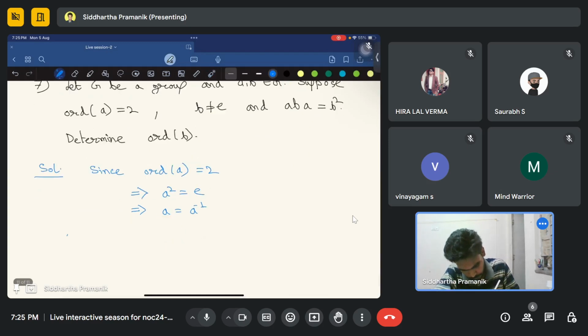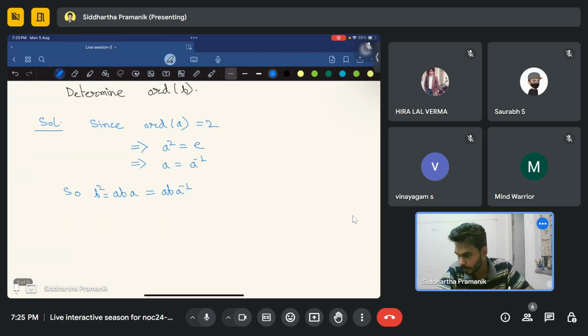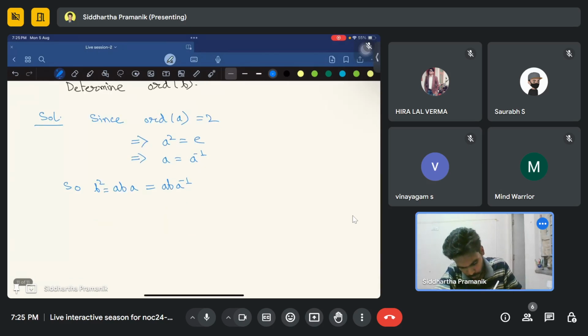So ABA is same as A B A inverse, right? And it is equal to B square.